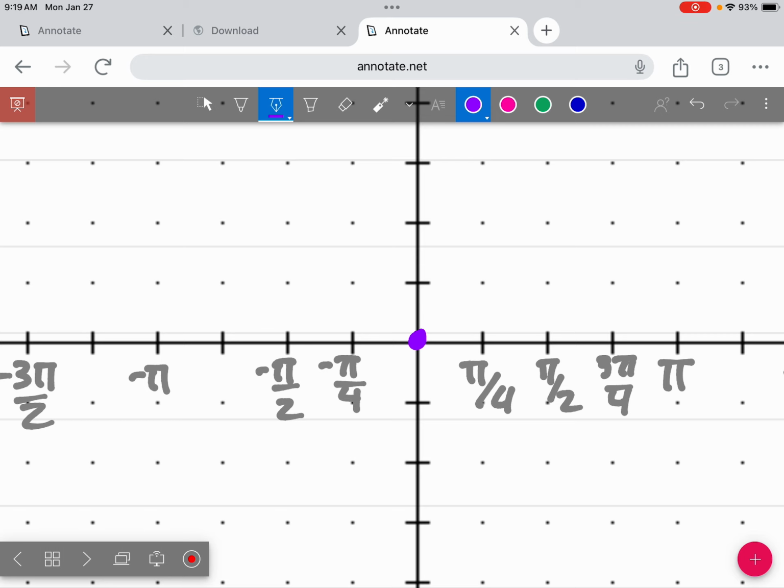What is the value of sine at pi over 2? So our ordered pair is 0, 1.